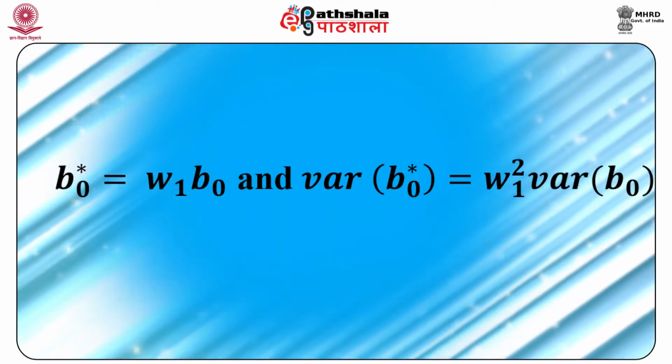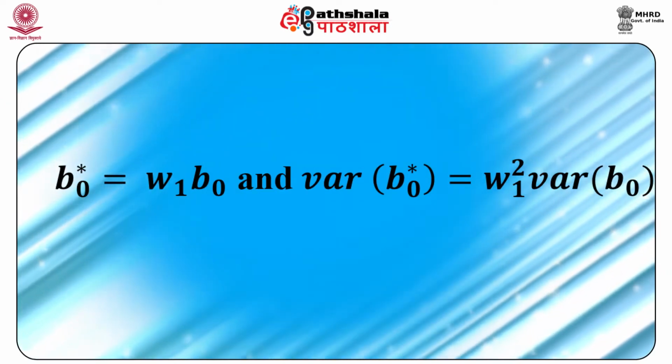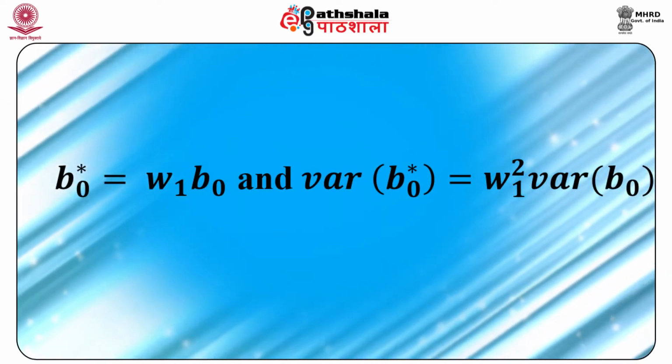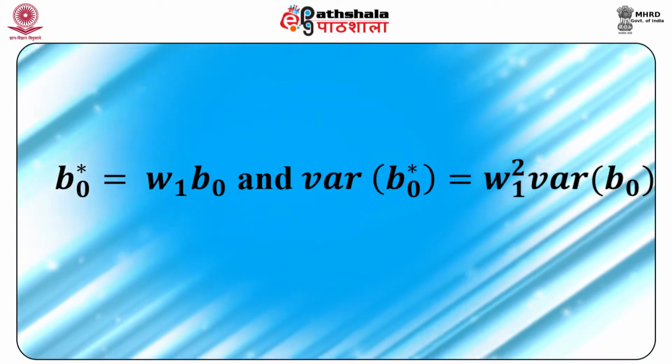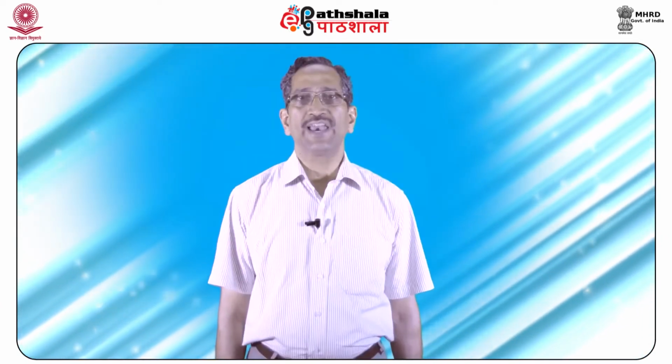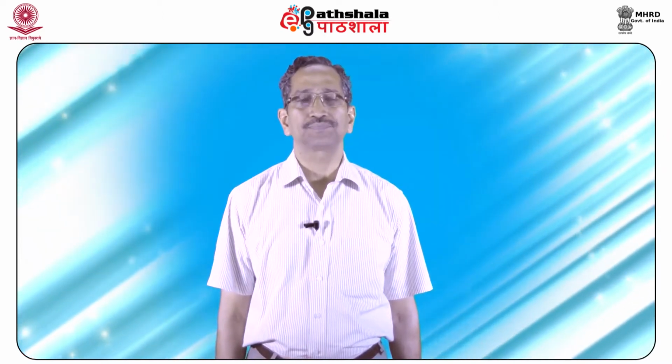But b0 star is equal to W1 b0, and variance of b0 star is equal to W1 square into variance of b0. So, when we have the same scaling factor, the results point out that the intercept term and its standard error are multiplied by W1. However, the slope coefficient and its standard error are the same.